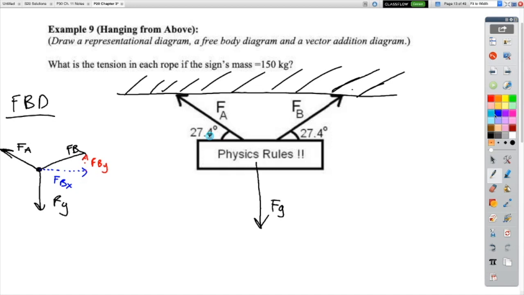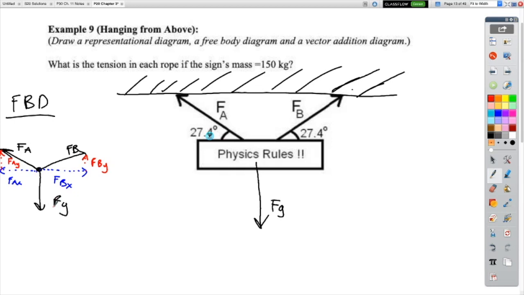And the same actually goes for FA, right? Here's FAx, and here's FAy. So like we were saying, we know that the tension in A and the tension in B, the force in A and the force in B, must be strong enough in the y-axis together to perfectly cancel out with the gravitational force down, okay?